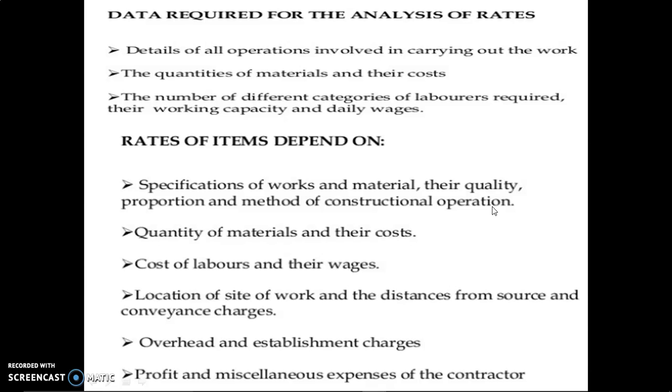But if you go by brand, means if you want to take Ultratech cement or ACC cement or other cement, then there is a big margin in these cement bags. So that's why we have to know which type of cement you want to use, which types of reinforcement you want to use. So it depends on items, quantity of materials, how many cement bags you require, and cost of labors, how many labors you require.